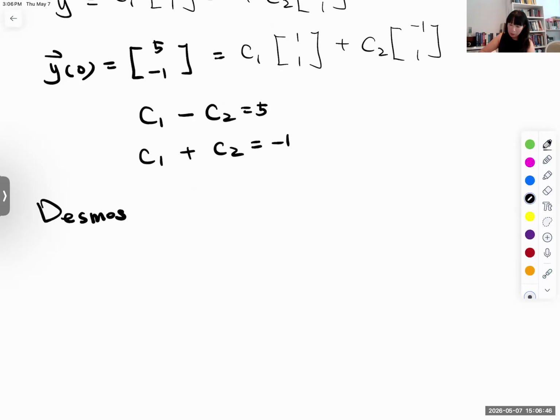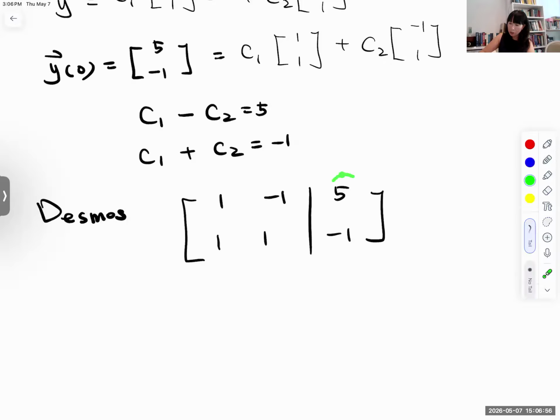Yeah. All right, so 1, -1, 5, 1, 1, -1. In that case, we cannot omit; we have to use this and reduce to row echelon form.